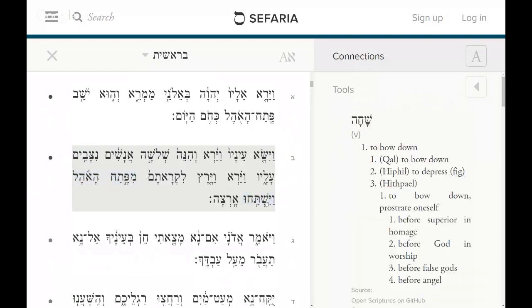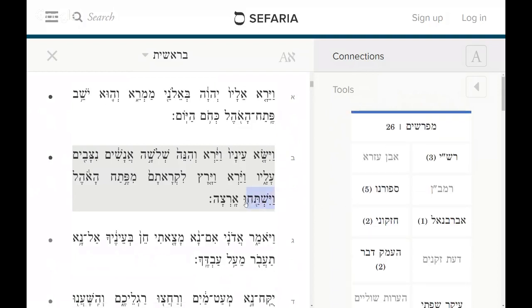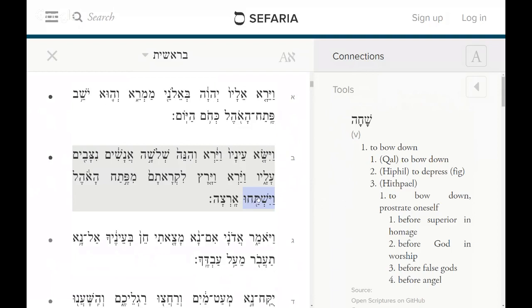Vayishtachu. So the root of this you can see is shin-chet-hey. Right? It's surprising. Where is that tav coming from? But it comes from this hitpael, and I don't think I have time to get into it.